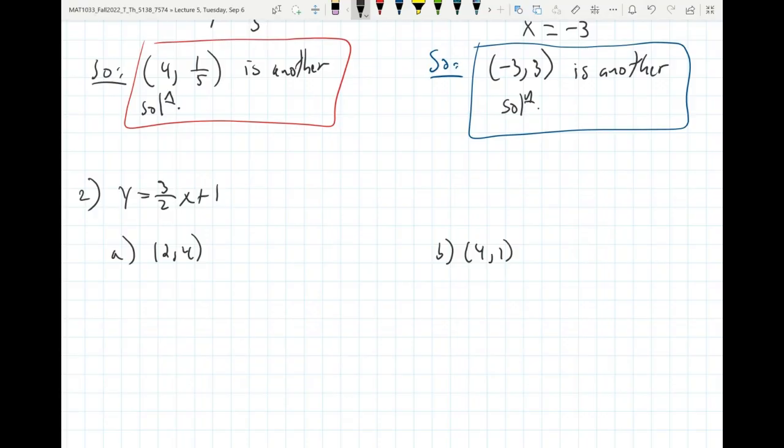So determine whether there are solutions or not, and also find two more solutions, okay? Take it then.